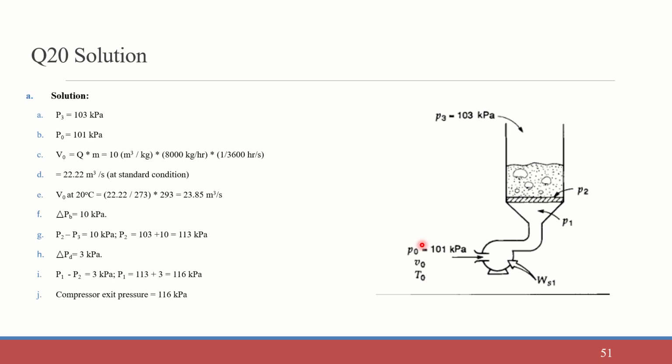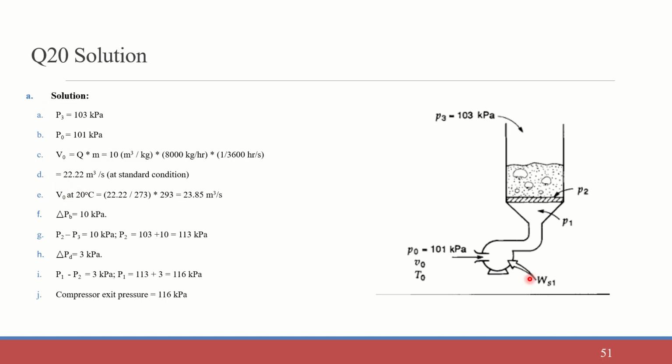So P naught is 101 kilopascal, and V naught we have calculated using this formula, where it is 10 meter cube per kg of coal. We are dealing with 8 tons per hour, so it is 8000 kg per hour, because 1 ton is equal to 1000 kg. Again this hour we convert into seconds, so it is 1 by 3600. On the whole we get 22.22 meter cube.